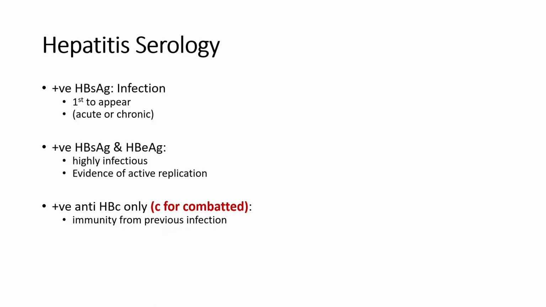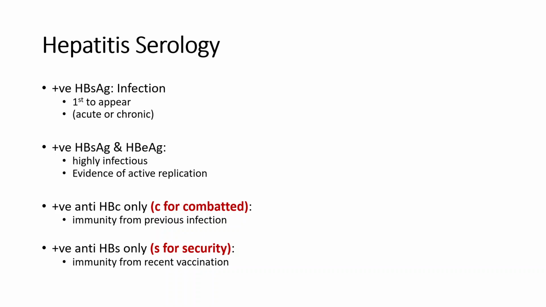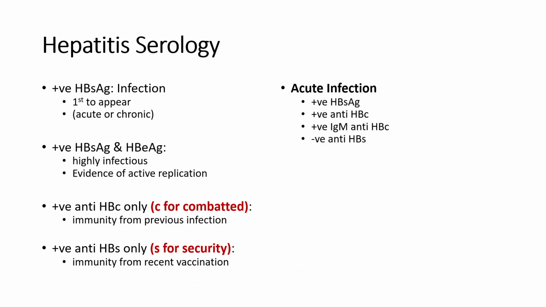He has fought with hepatitis and he has survived. That means this person has obtained immunity from previous infection. Now, if it is anti-HBS that is positive only, then this person has security from guards. That's external force protecting or securing. So that's immunity from recent vaccination.